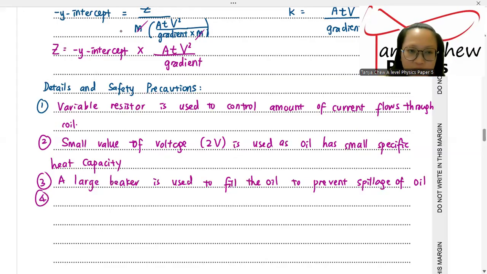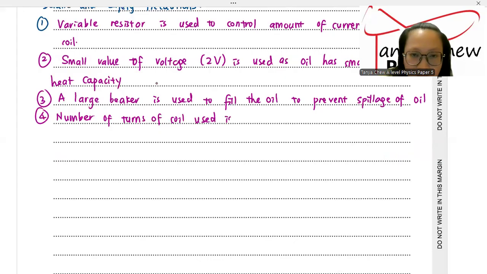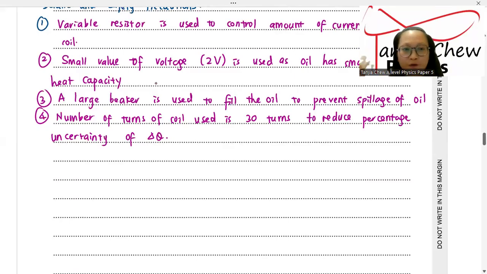And then I also say that the number of turns of the wire, I use N number of turns of coil, maybe 30 turns, to reduce the percentage uncertainty of delta theta, the change in temperature, because if I use more turns, the change in the temperature could be larger.